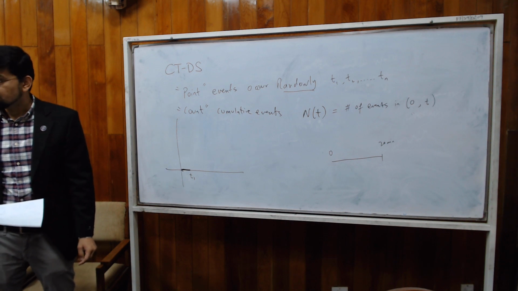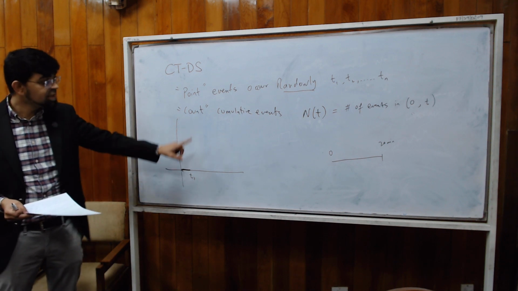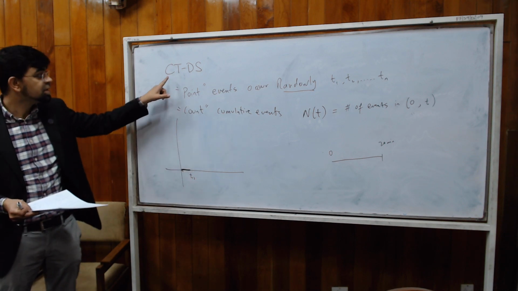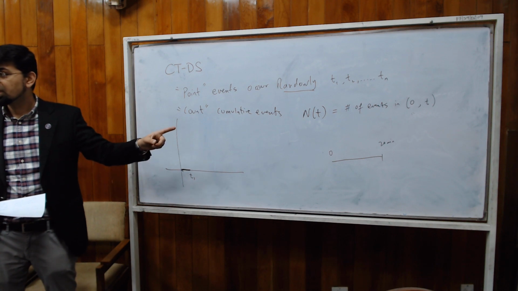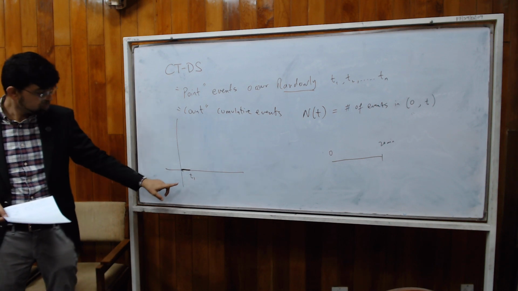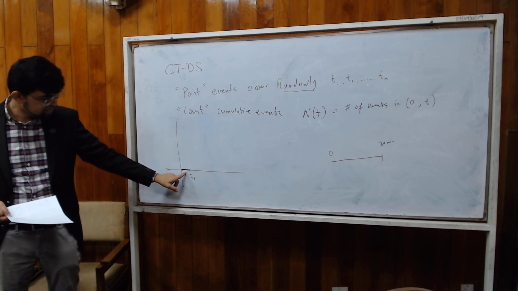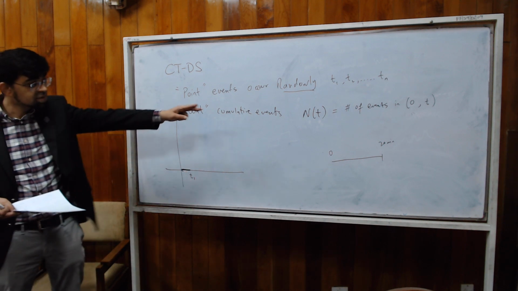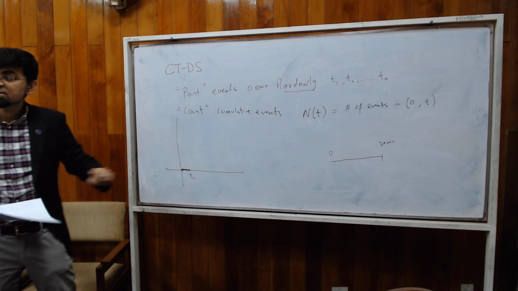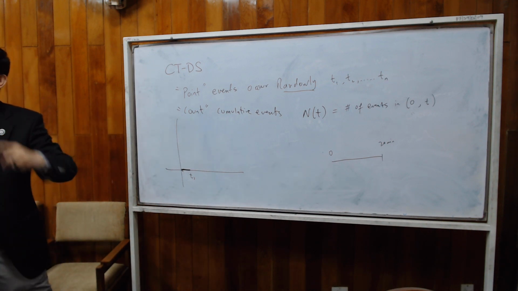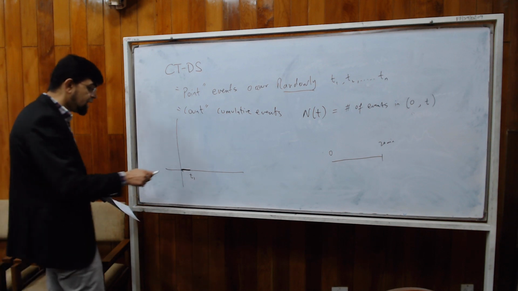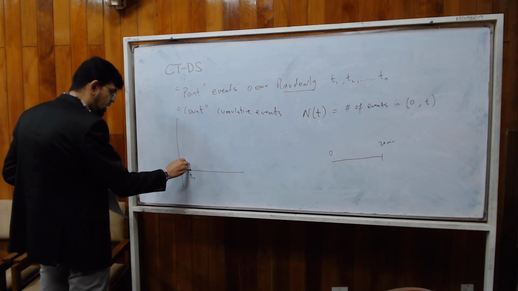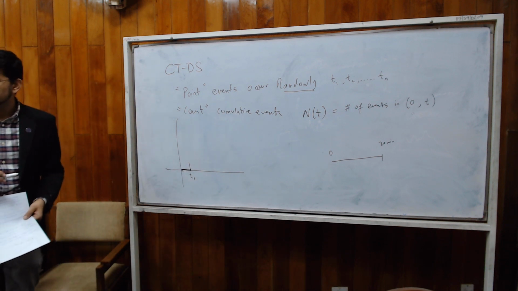0, no customer. Yes, but N(t) is discrete state, we know, but is it also continuous time? It is, because you can calculate N(t) anywhere you like. It's continuous time but discrete in state, because you're just counting the events. So at t1, the first event occurs, maybe a customer comes, and your counter goes to 1.